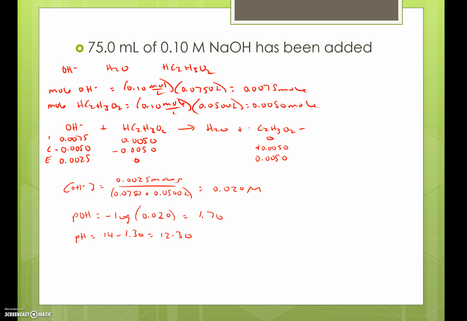We can take the moles of hydroxide ion, 0.0025 moles, divide it by the total volume of the solution, and that gives us 0.020 molar. That's our hydroxide ion. If we take the negative log of that, that'll give us the pOH, subtract that from 14, and that'll give us the pH. So the pH of this solution is 12.30, which is much higher because now our hydroxide is in excess.